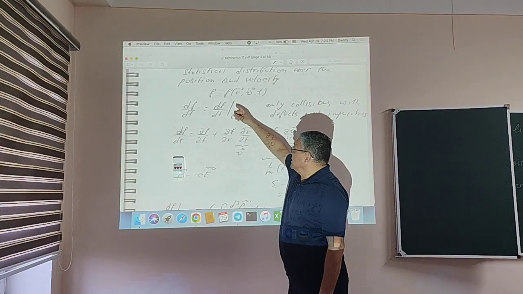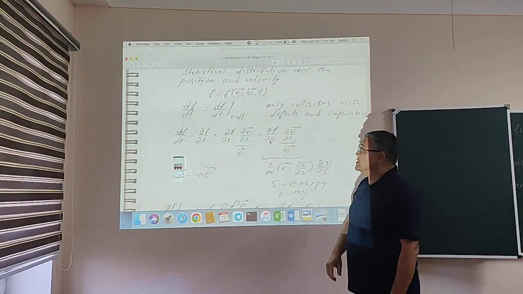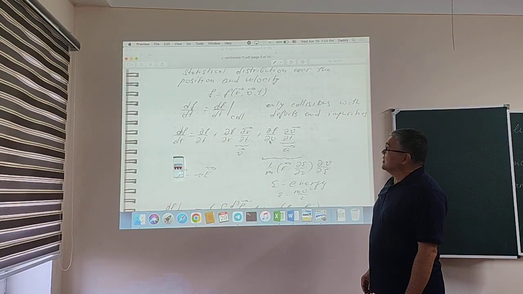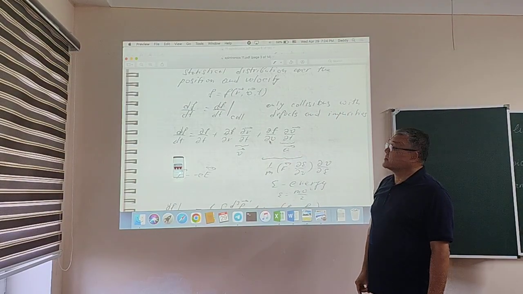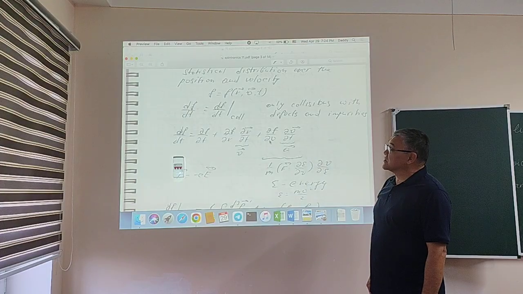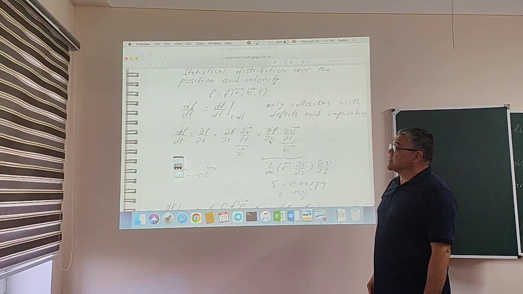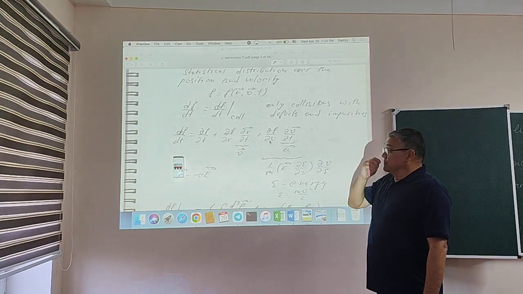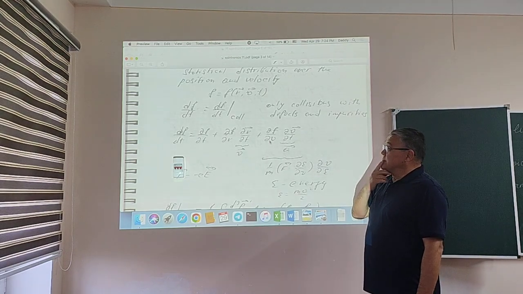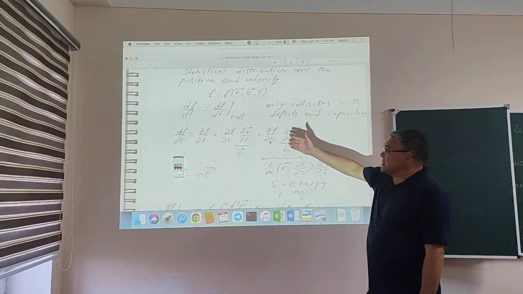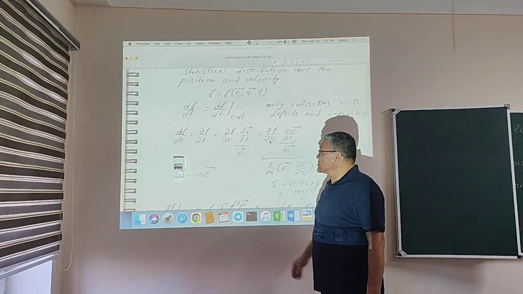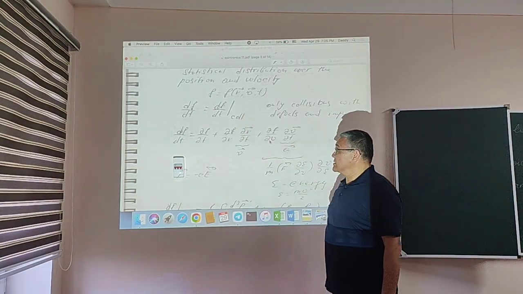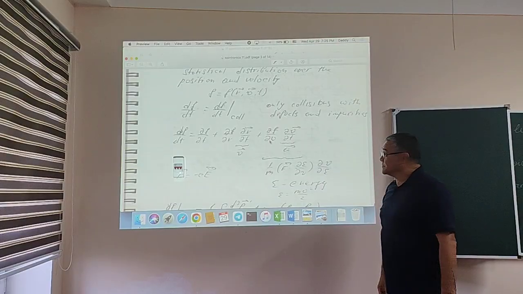This is described as a collision integral, and it depends on the relaxation of the distribution function, so it describes the lattice interaction.